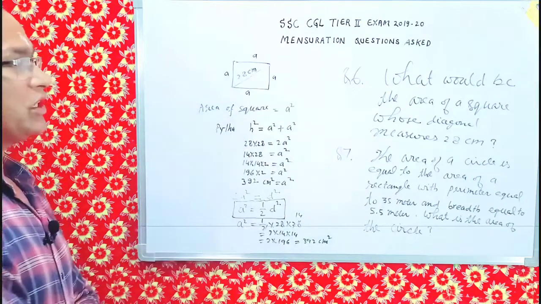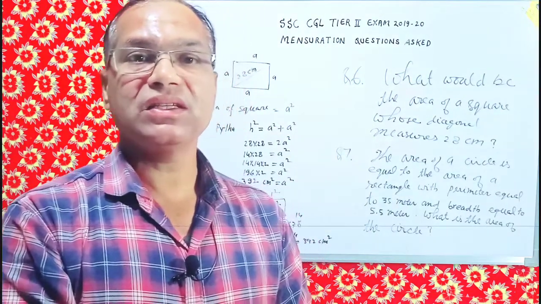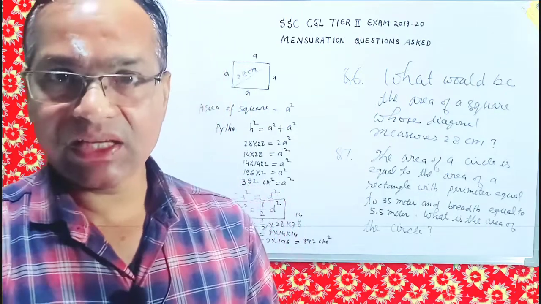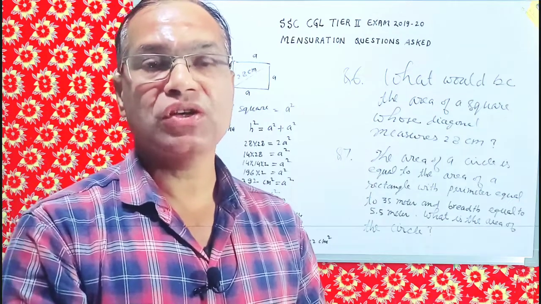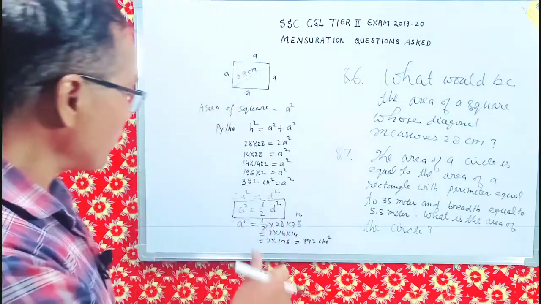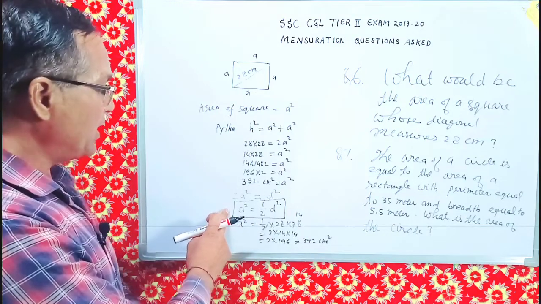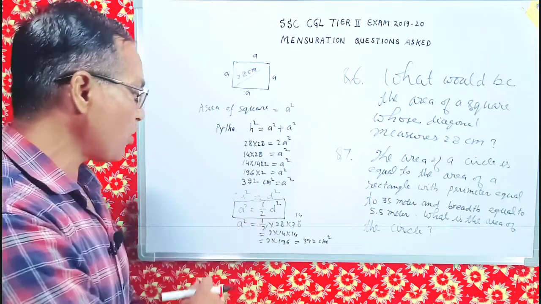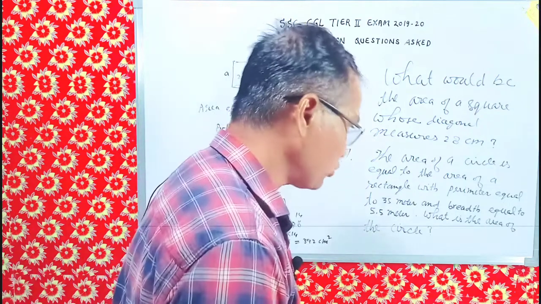That way we can calculate this question. And this question is often asked in competitive examinations like SSC CGL as well as in banking examinations also. So this formula is highly important here. Area of square is equal to 1 by 2 into the square of the diagonal. So let us see the next question.